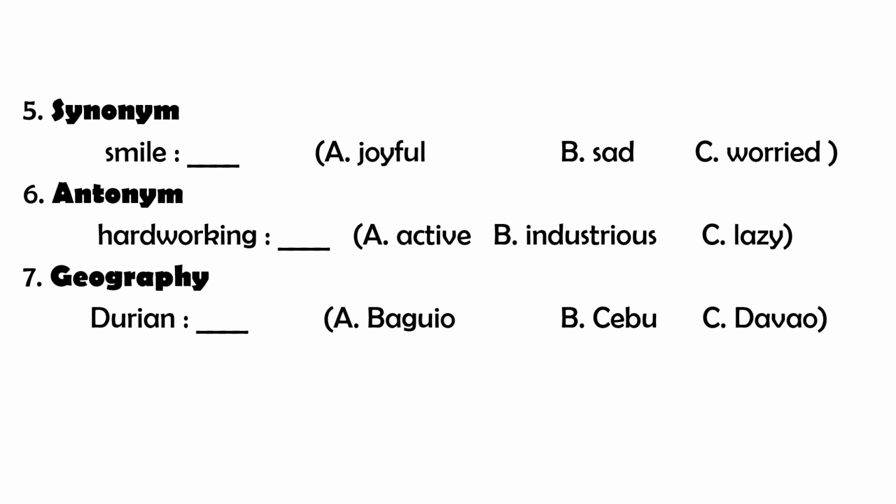Antonym. Hardworking is to blank. A. Active. B. Industrious. C. Lazy. Number 7. Geography. Dorian is to blank. A. Baguio. B. Cebu. C. Davao.